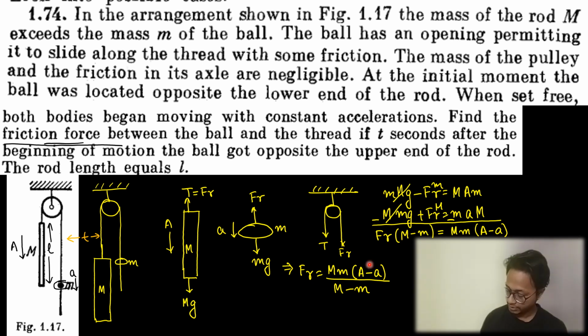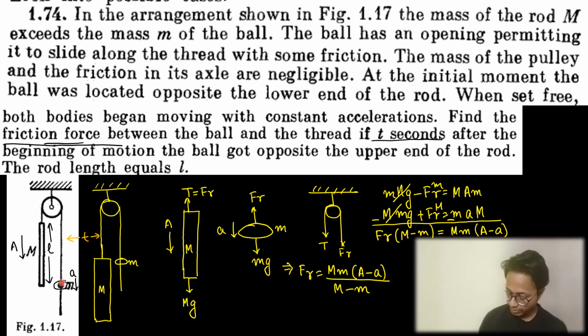Now see, in this question, this A minus a is a term out here. I have to substitute this A minus a in terms of time t, because the time t is given in the question. Okay, how do I do that? If I say from this position to this position, the time taken is t.